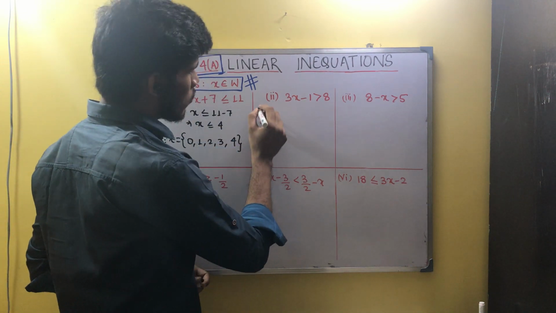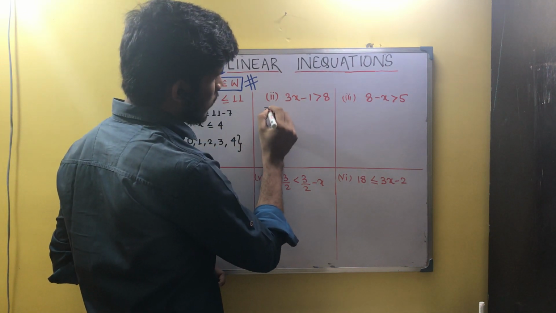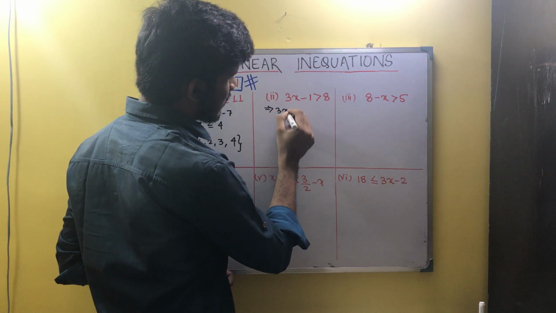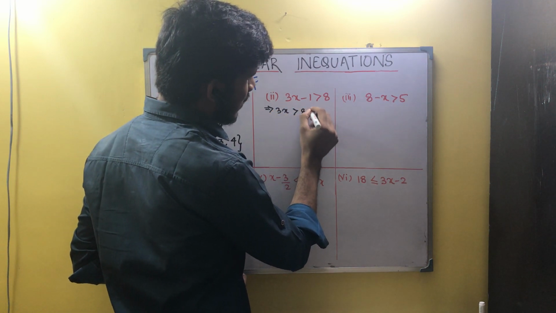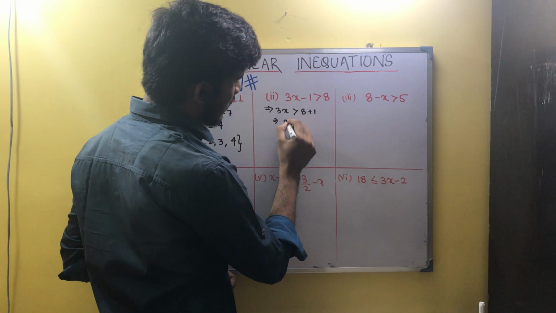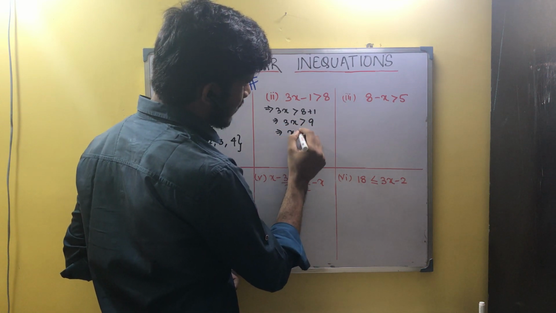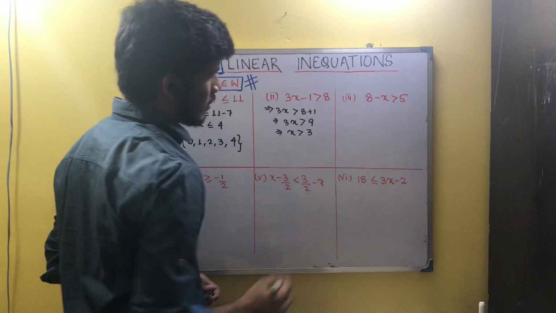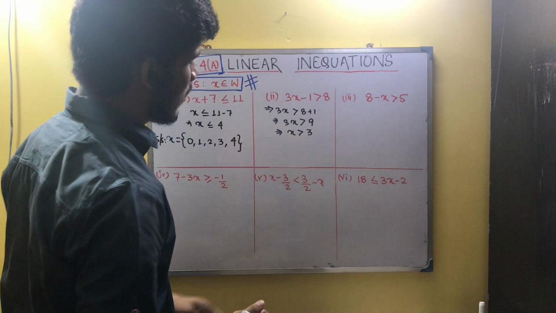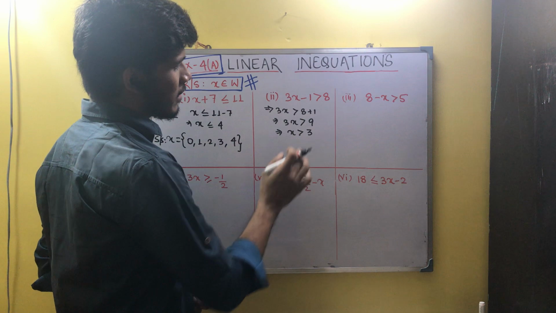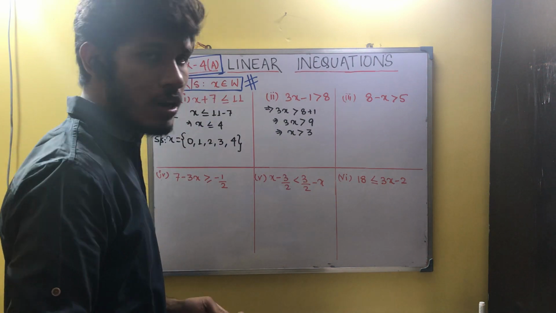Now come on to the second question. If you solve it, you will be getting 3x is greater than 8 plus 1. That implies 3x is greater than 9. That gives you x is greater than 3. Isn't it? 9 divided by 3, 3. So x needs to be greater than 3, but x belongs to whole number.